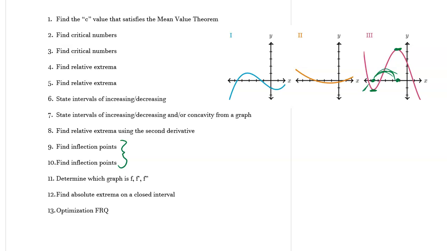This is a negative slope, so my derivative would be below the x-axis. So if I can find a graph over here that looks like that green one, then they would match up. And now this blue one definitely looks the same because they cross in the same spots and it's above and below in the same spots. So that would tell me that number 1 is the derivative of 3.